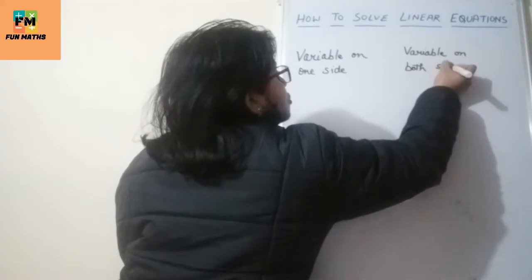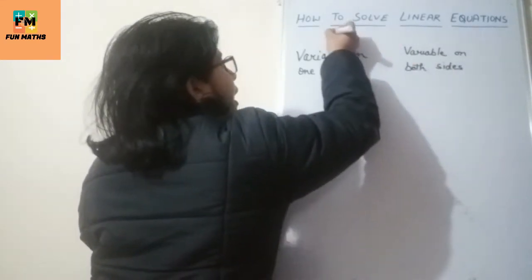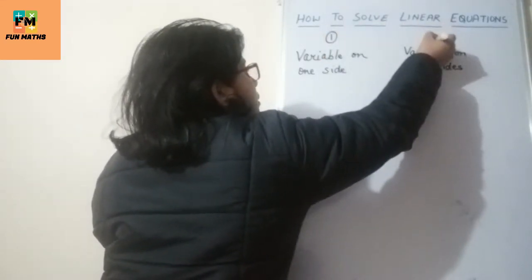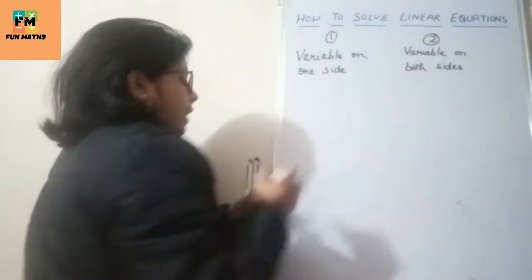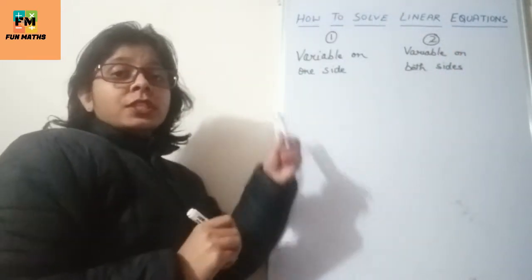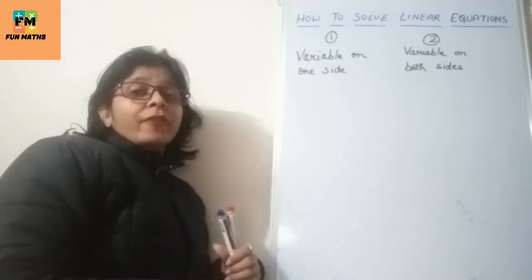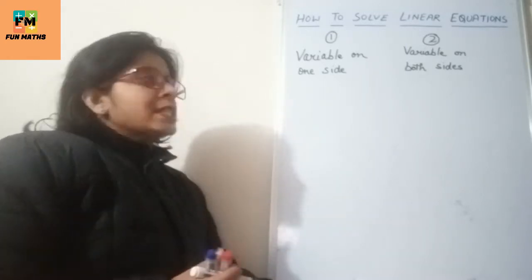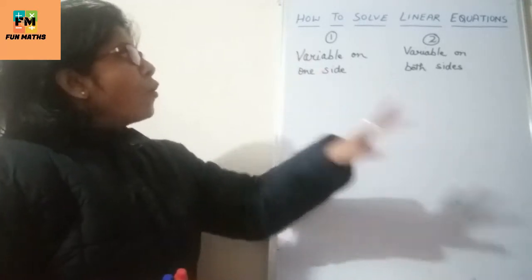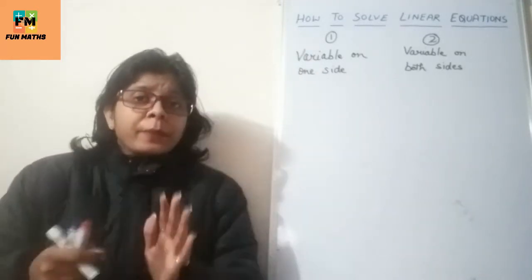So in total we have two forms. In a few questions we get the variable on one side of the equal sign, and in a few we get the variable on both sides. One by one we will see how we can solve both types of problems.